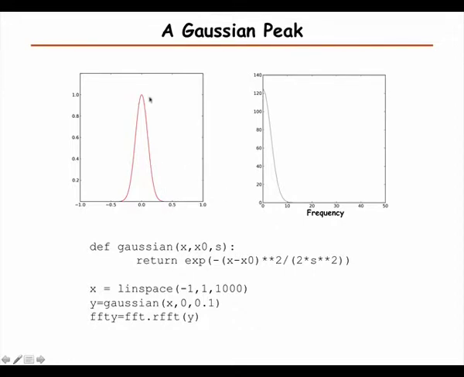So here is the Gaussian, and then we take the Fourier transform of it. What we see is that it's mainly composed of low frequencies, and it goes down to close to 0 amplitudes for higher frequencies.